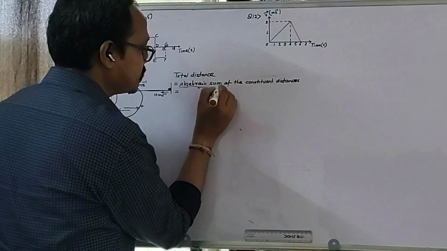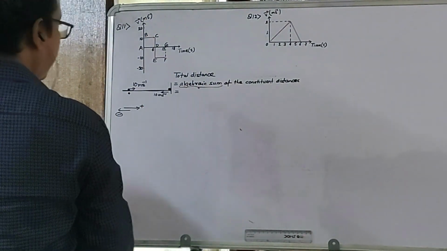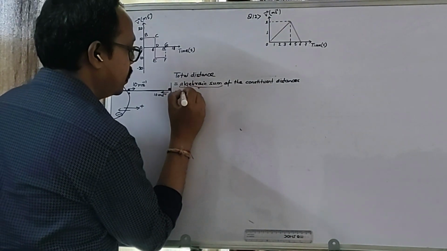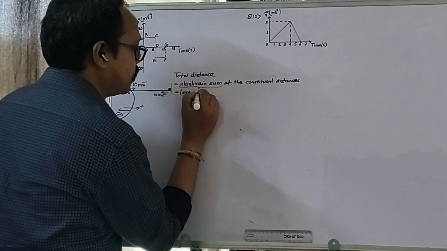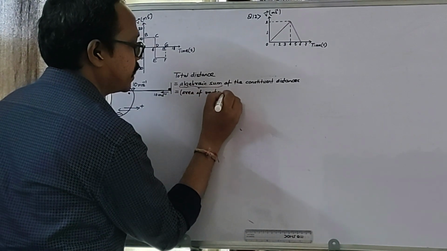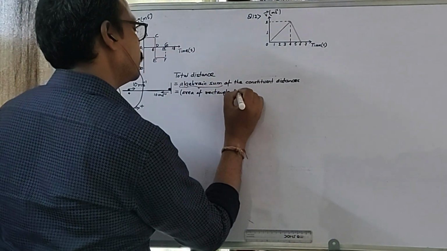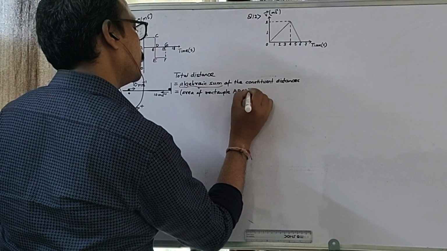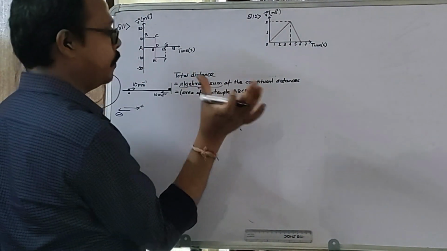So what do we mean by algebraic sum? Algebraic sum means we have to simply add the area of rectangle ABCD plus the area of rectangle DEFG. Everything you have to add.